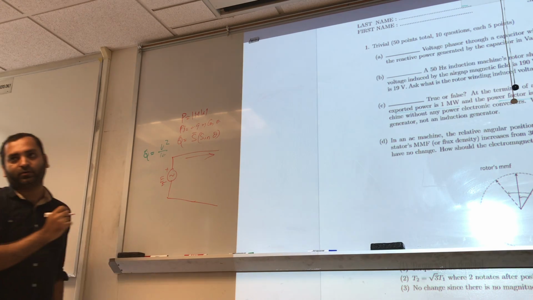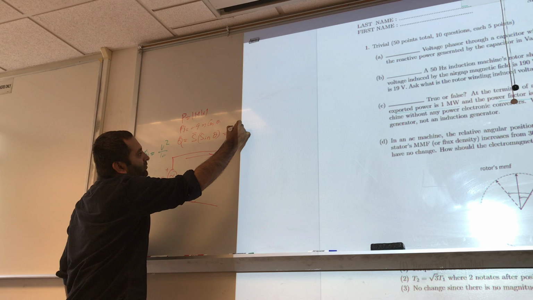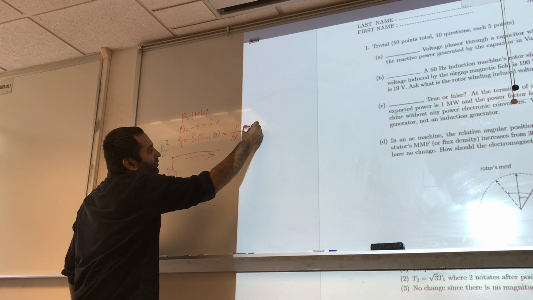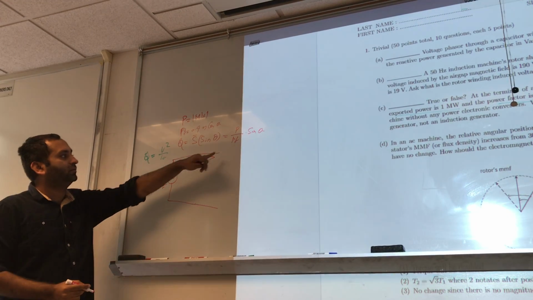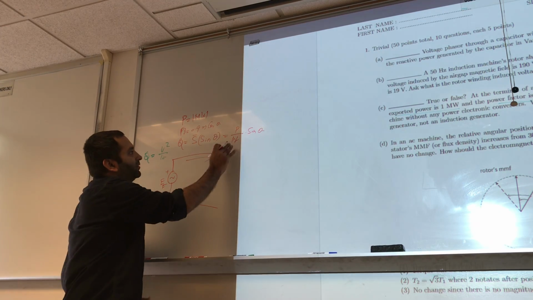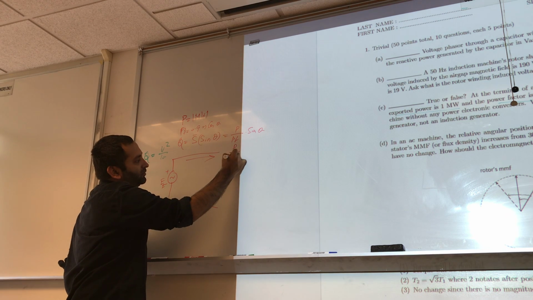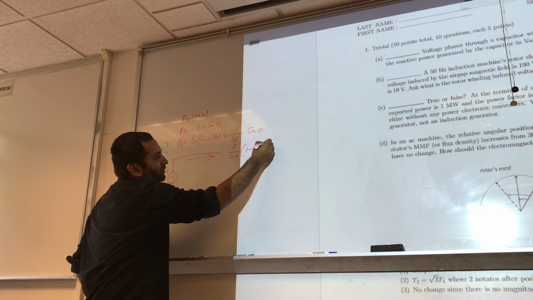S is the apparent power. So you can find S directly by using P over power factor, times sin theta, right? Because you know that S cos theta equals P. So power factor is given as 0.9. So P over 0.9 times the square root of 1 minus 0.9 squared.